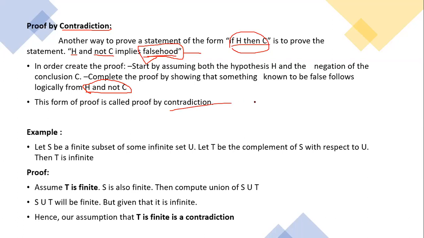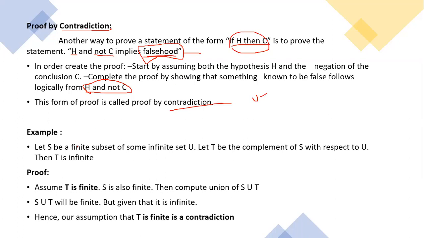This is one of the methods to prove a statement or theorem. I have an example for that. Let S be a finite subset of some infinite set U. U is the whole set, and it is infinite.